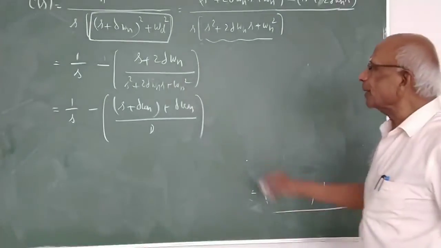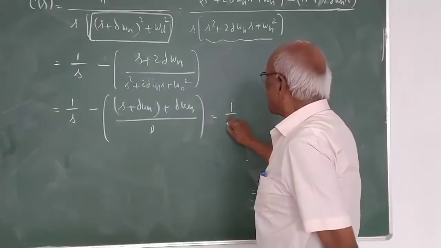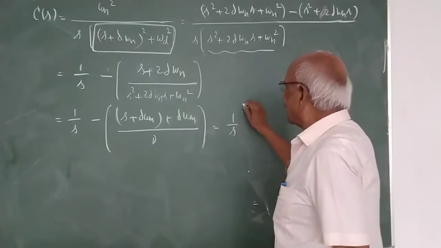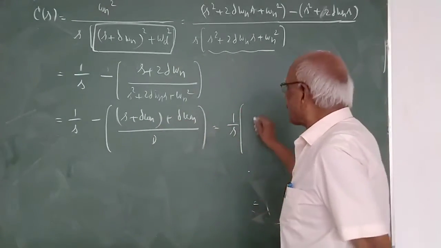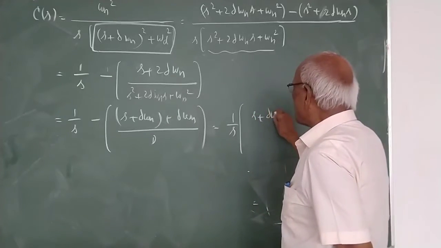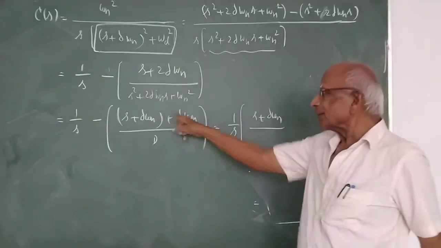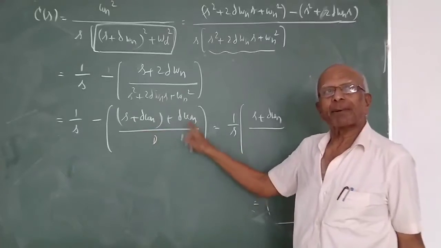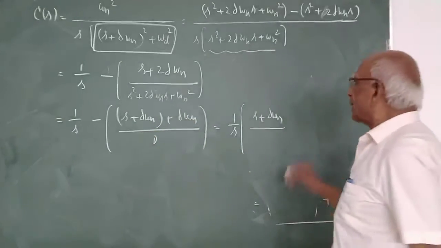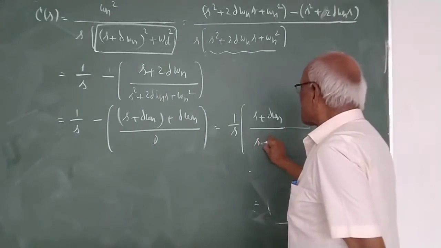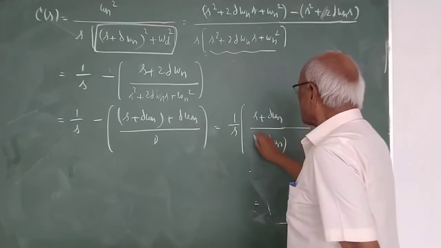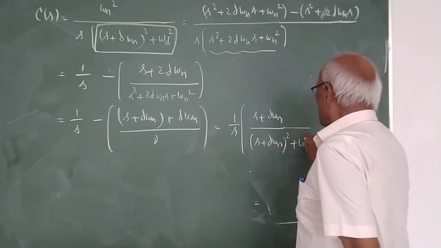Hope all of you are following. So this I will write as 1 by s minus s plus delta omega n, same thing, a plus b over c is a by c plus b by c, divided by s plus delta omega n whole squared plus omega d squared.